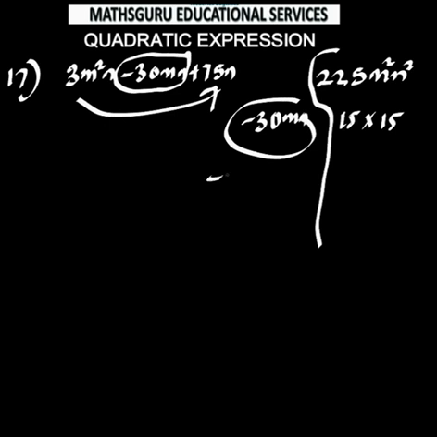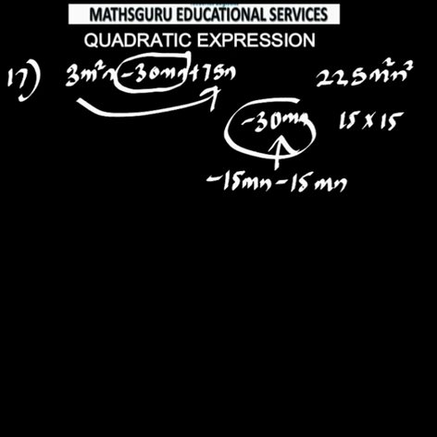So minus 15 mn minus 15 mn will give us minus 30 mn. So in place of this 30 mn in the expression we have here, we're going to put minus 15 mn minus 15 mn. So let's write it in full.